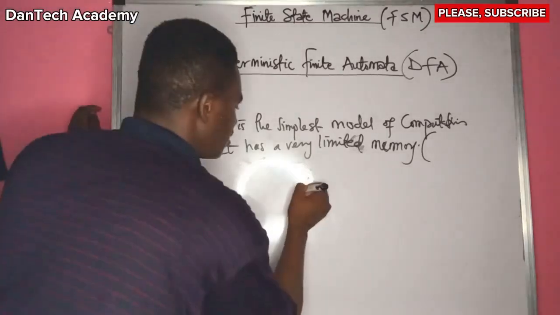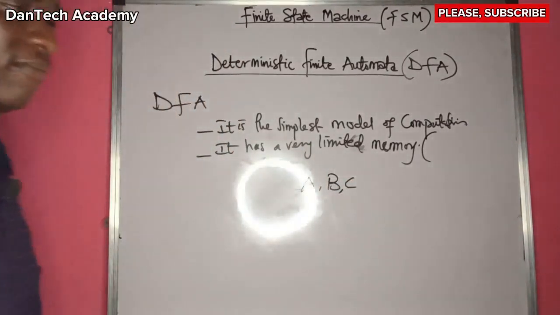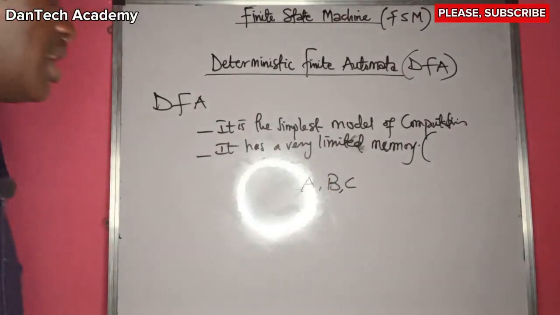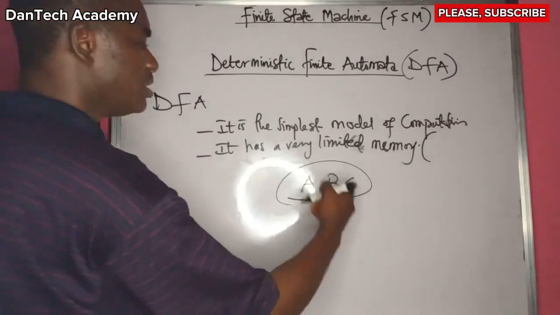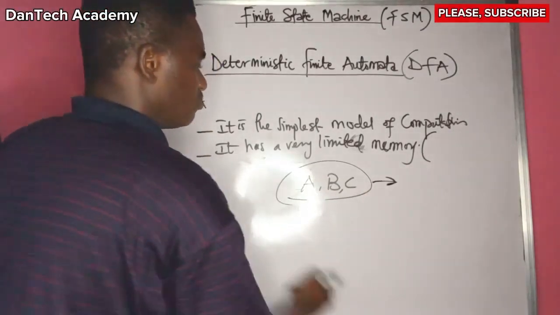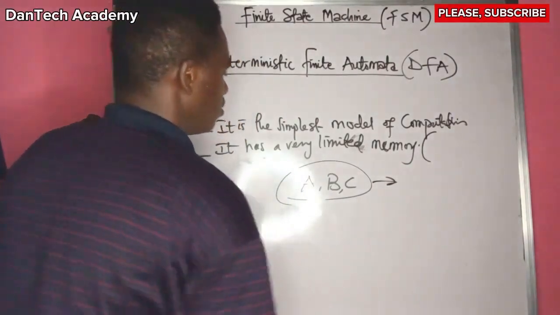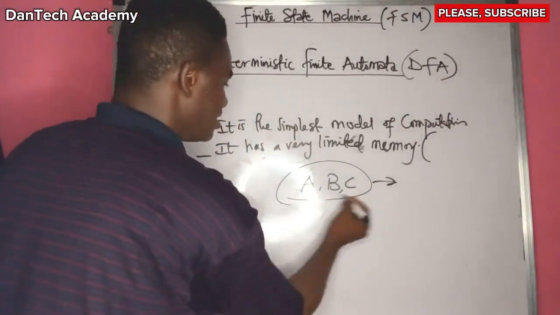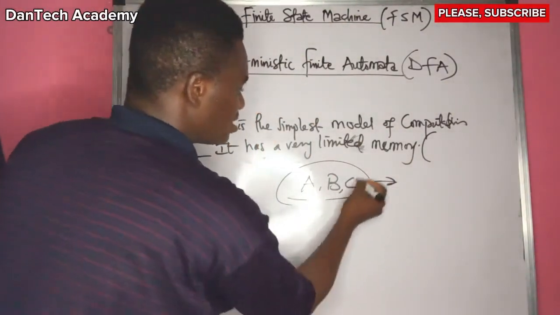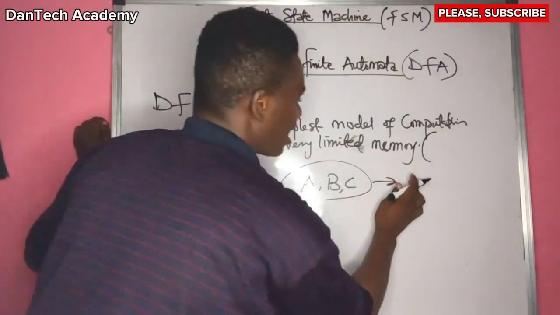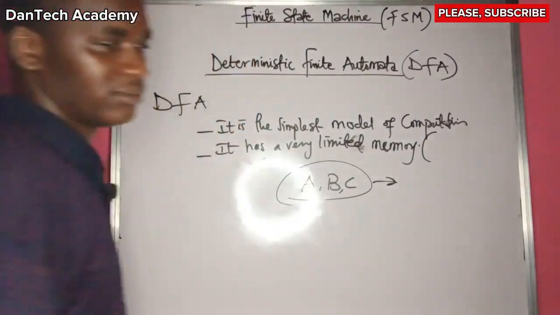Let's say, for example, I have A, B, A, B, C. Now, if I have A, B, C, and I tell DFA, okay, guy, could you please help me write this thing in another form? DFA probably will tell you, oh, I'm sorry, the only way I could write this is if I were able to store it. With the memory of what I've stored, I could formulate a different arrangement for this.